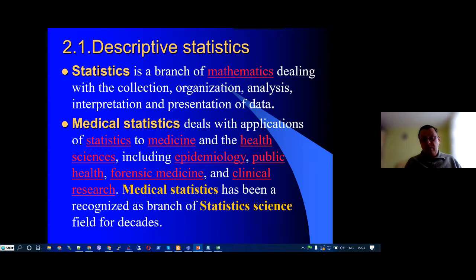In medical statistics, we deal with application of statistic principles to medicine and health science, which includes epidemiology, public health, forensic medicine, clinical research, and actually those are subjects where you will return back to statistical study and statistical calculation during your education in our university. And it has also been a subfield of statistical science itself for decades already.